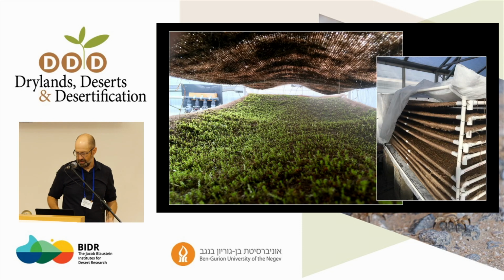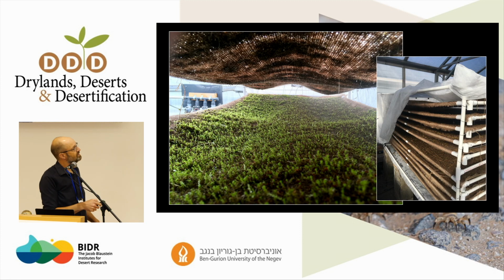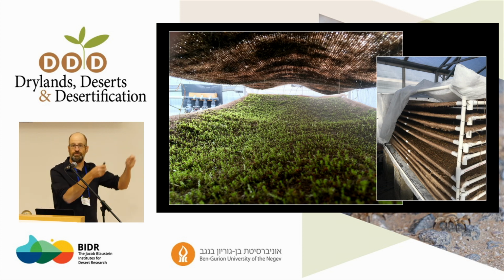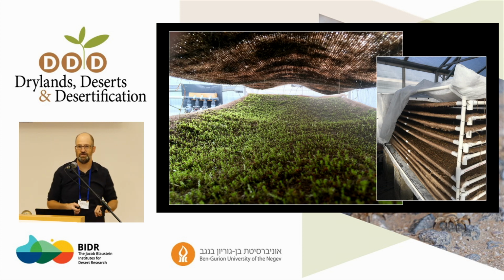And then about 8 weeks later, it looks like this, and we've got basically a moss carpet, about half a centimeter thick, and this is material that we might want to put into the field. This system is really nice because there's no soil, therefore it's extremely lightweight, and that enables us to vertically stack growing surfaces. This is 10 high. All we have to do is move them around once in a while to ensure that there's even light.